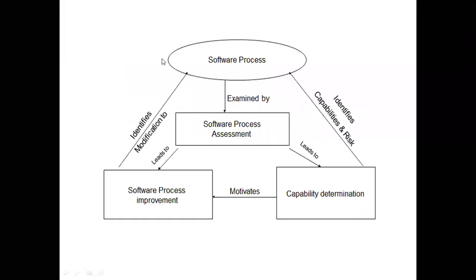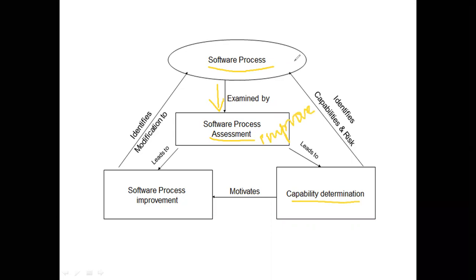Now within this process assessment, there's a diagram. Whenever a software process is implemented, it is going to be examined by the software process assessment for improving the software. Whenever you're doing this, it is going to lead to two things.